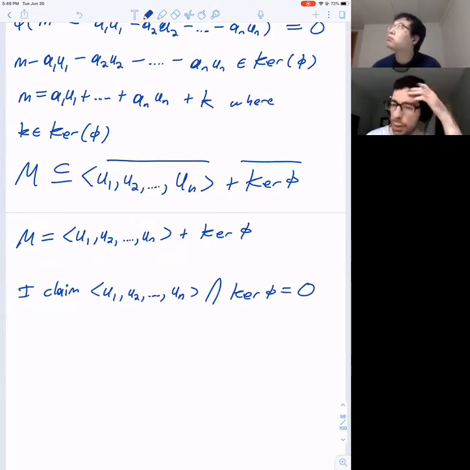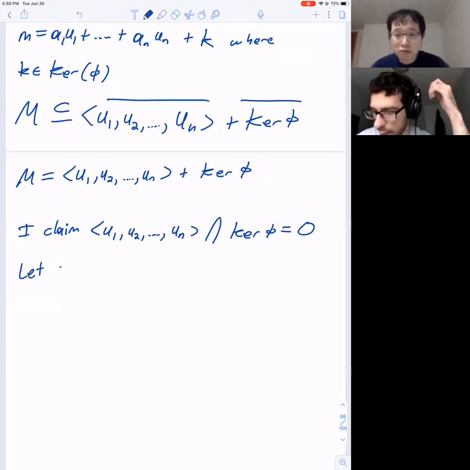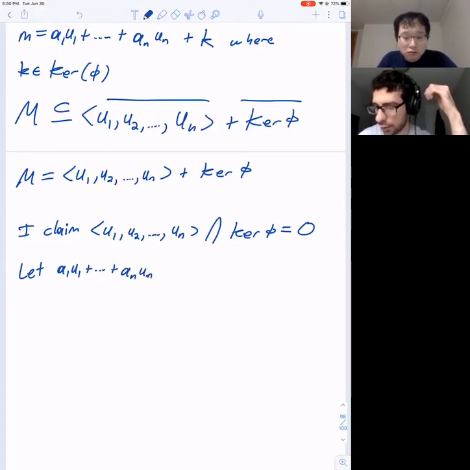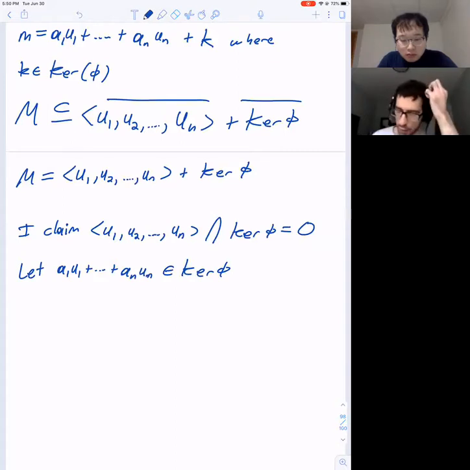So how can I prove that this intersection is trivial? I will let a1 u1 ... an un be in the kernel of phi. So not only is this in here, but it's also inside the kernel.